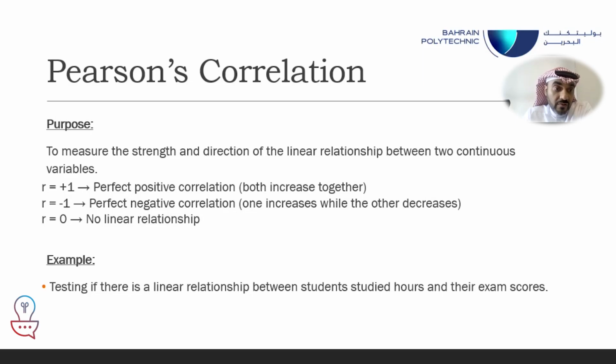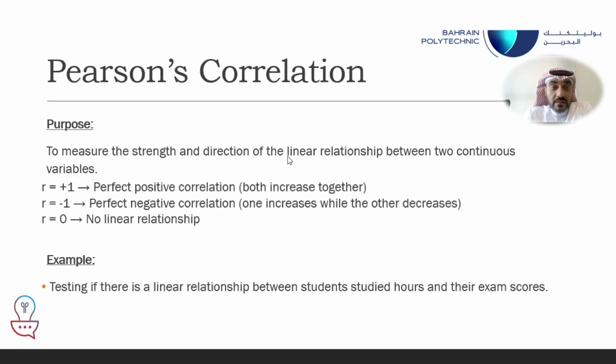What's the meaning of continuous? It means you can have results with decimal points, like 3.5, 3.6, 3.7. This type of data is called continuous. And if you would like to measure the correlation between this type of data, you cannot use chi-square. You have to use the Pearson correlation test.